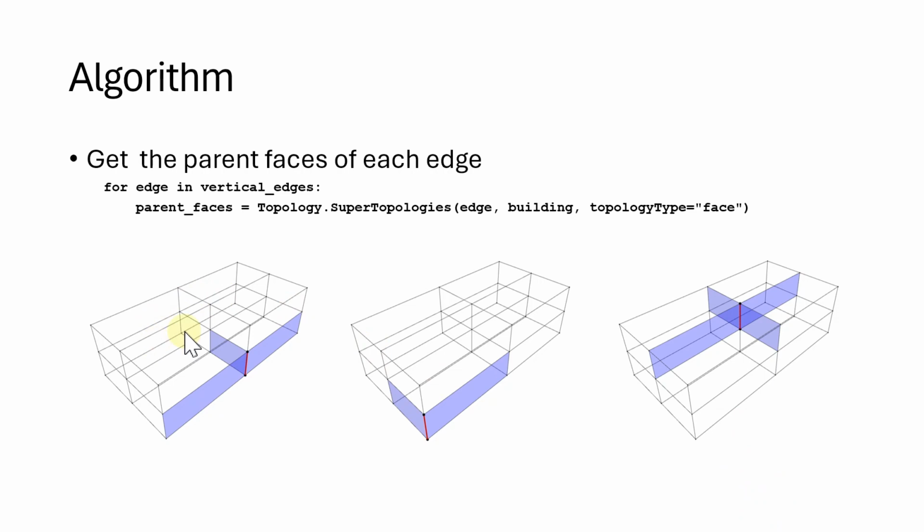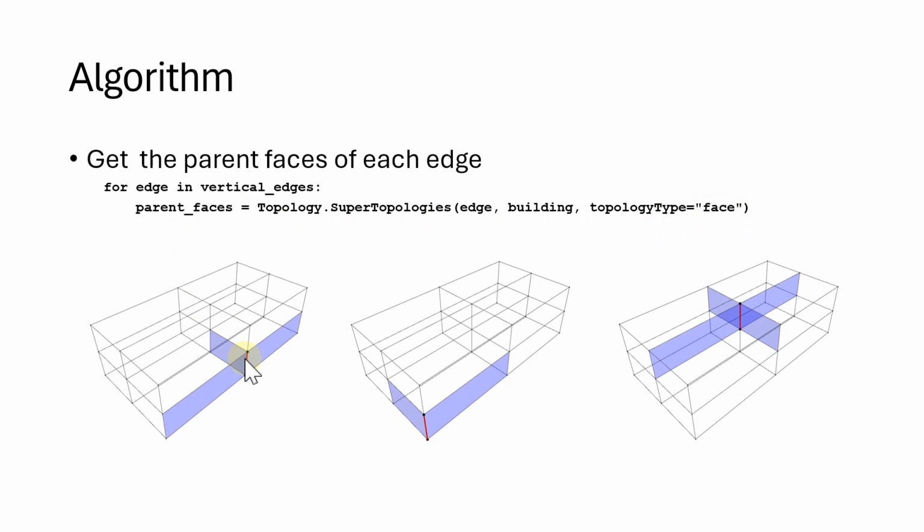So next, what we do is we get the parent faces of each edge. So how do we accomplish that? We do topology.supertopologies. We give it the edge, we give it the original building, the parent building, which is the cell complex, and we tell it that the topology type that we're interested in is called face.